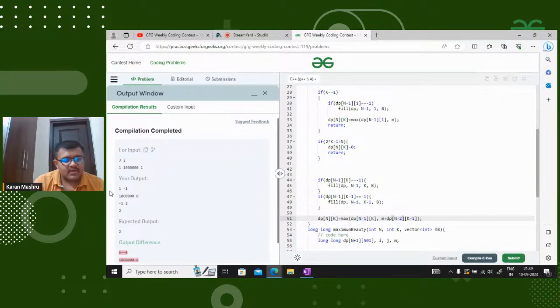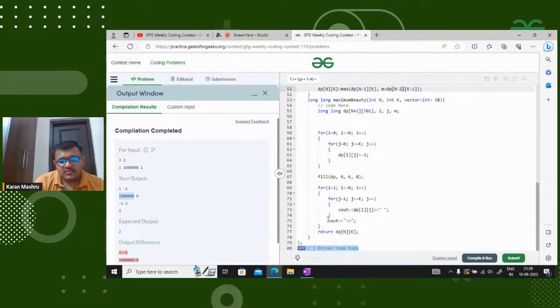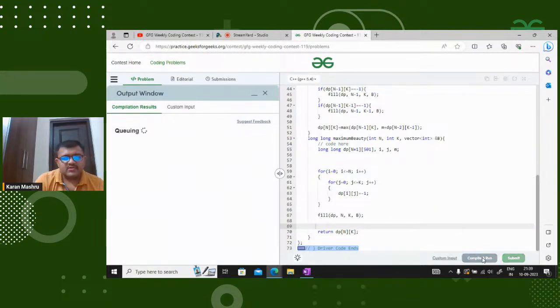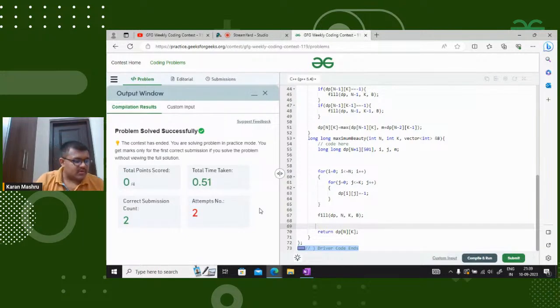Right. But this is what we are getting here. Okay, got it. So now this will give us 2, and let us submit it. So we have solved this problem successfully using memoization also. Thank you, Khush. So yes, there was dp of n minus 2 and k minus 1.